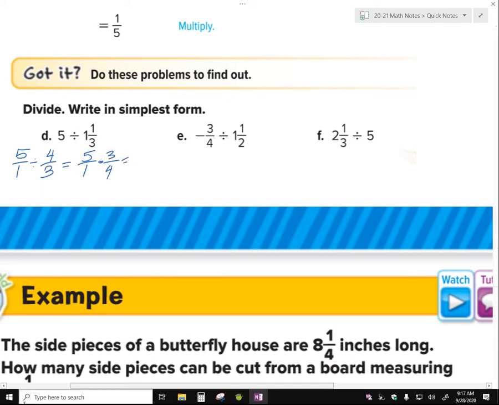There are no common factors, so I get 15/4. So it's going to be 3 3/4.